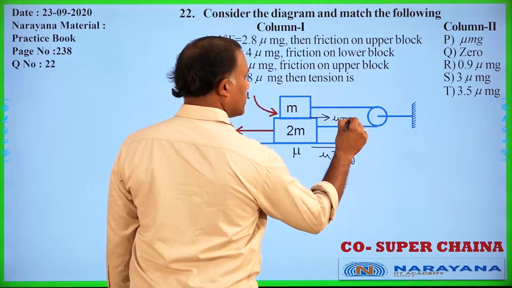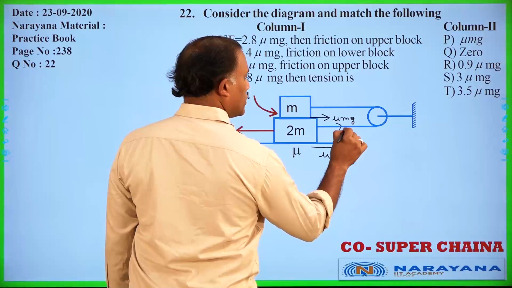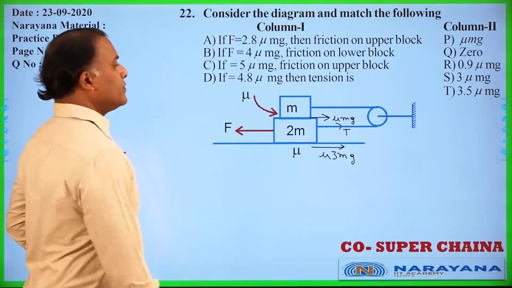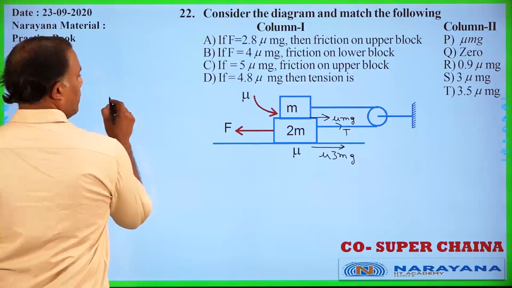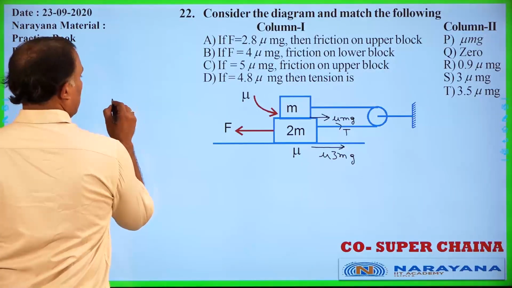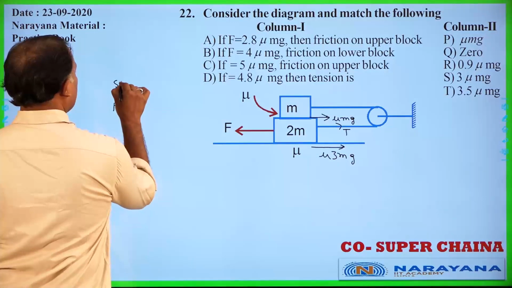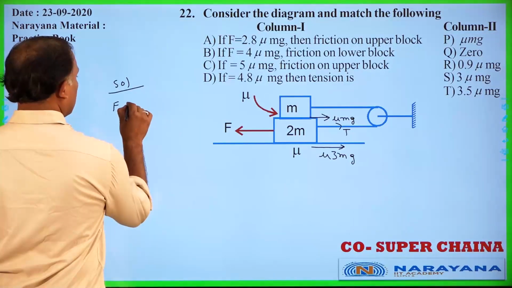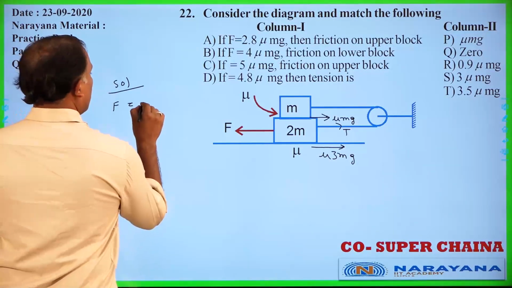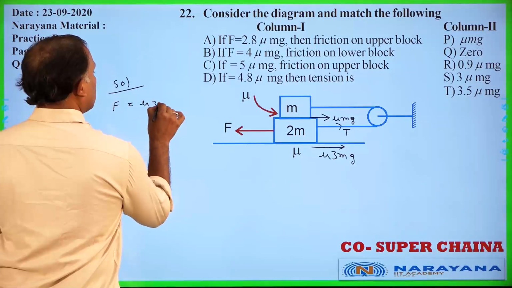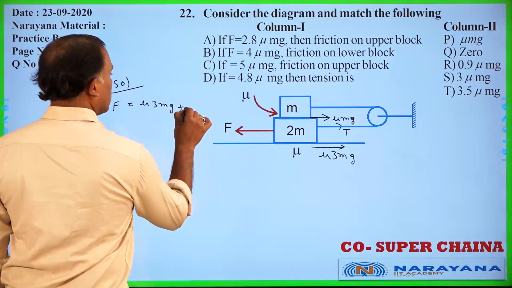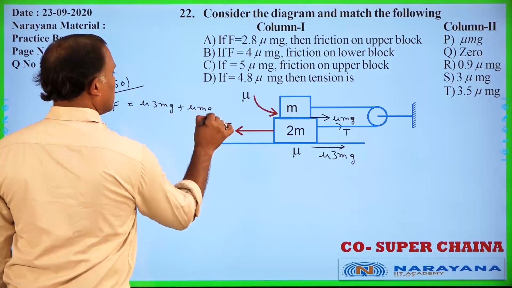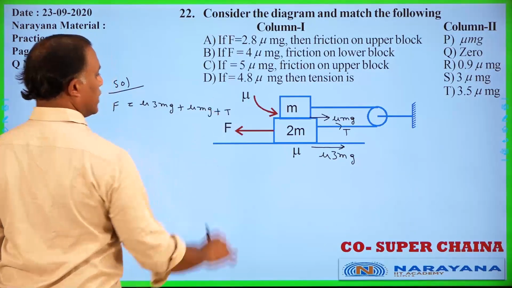And here it is tension T, and here also tension T. So now F is equal to mu into 3mg plus mu mg plus T.